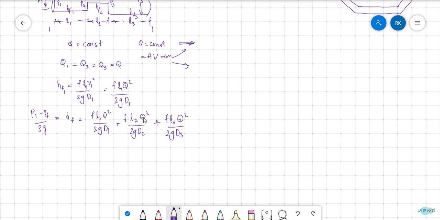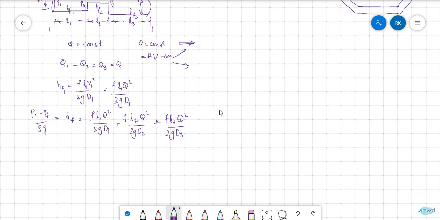Here Q is constant and that's why I wrote Q, and F will be constant since it depends on Reynolds number. So this is the total head loss for the series connection.